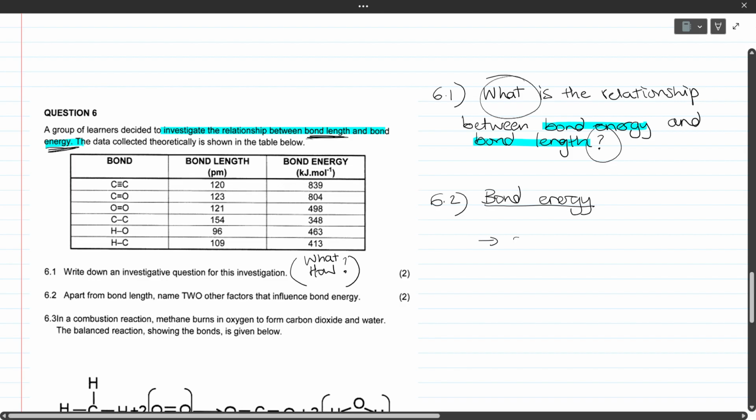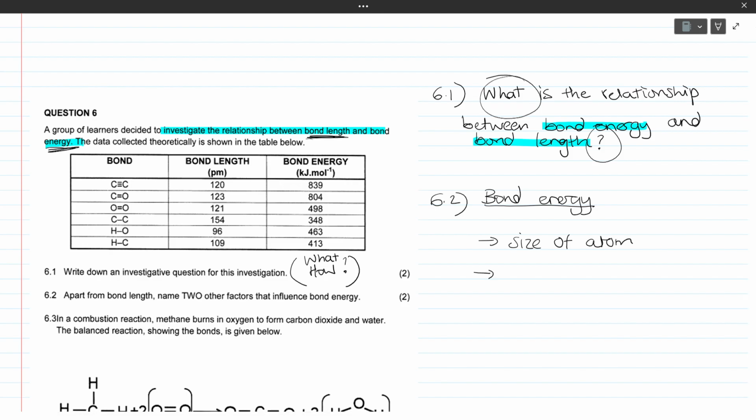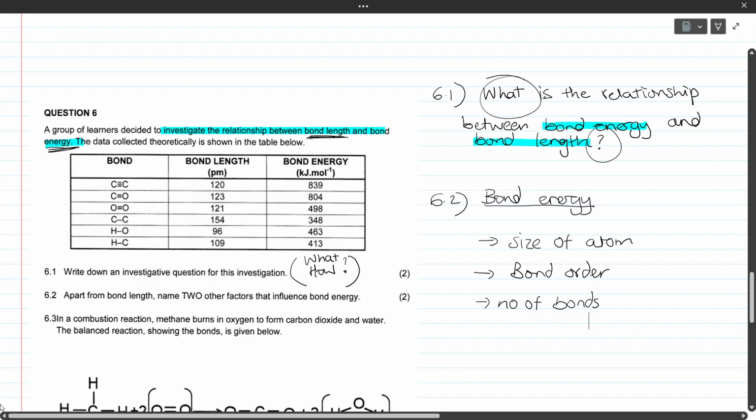So some of the answers you could have included was firstly size of the atom. The other one is bond order. Or even if you said number of bonds, that's the same thing. Okay, so any 2 of these would give you a mark here.